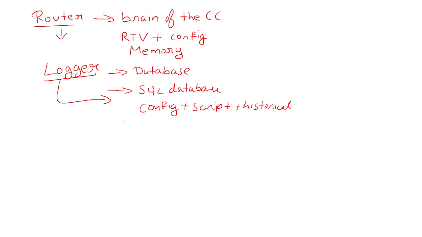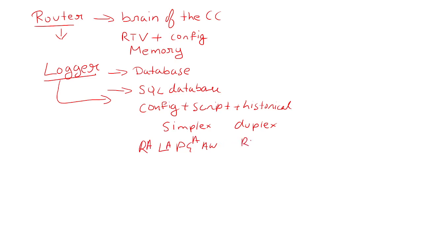As you know, UCCE can be deployed in a simplex manner or in a duplex pair. In simplex, you have only one side of the router, logger, PG, and AW. Whereas in duplex, you have two sides: router on A side, logger on A side, PG on A side, and AW on A side.